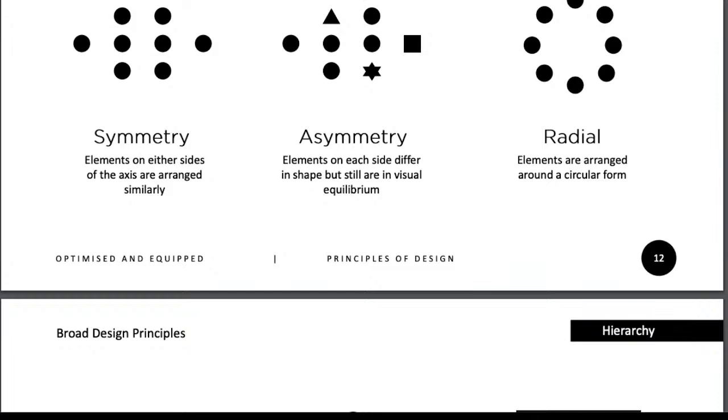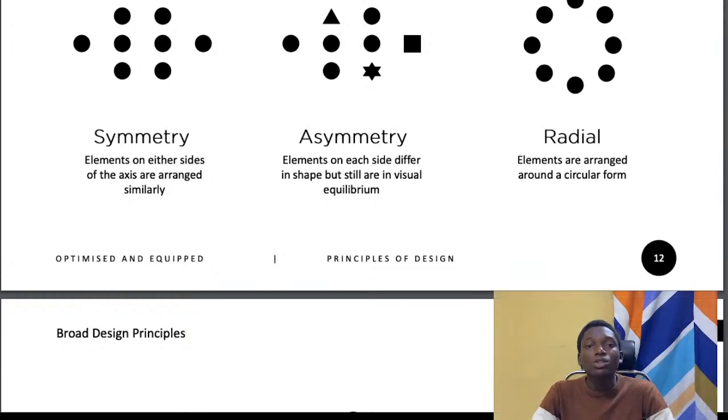Let's say you are designing a church poster. Now let us take a church poster as an example, and you have a list of ministers that are ministering in the church poster. This rule of the symmetry principle of design means that all these ministers are the same, they are under the same canopy, and there is no way in which these ministers must not balance.